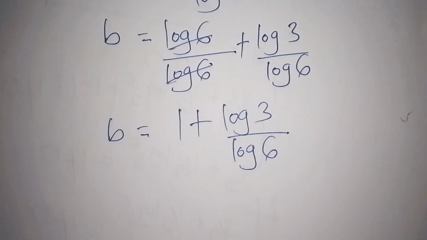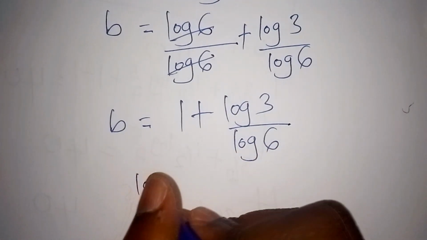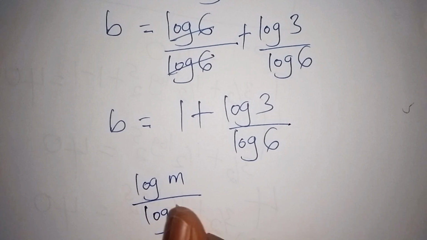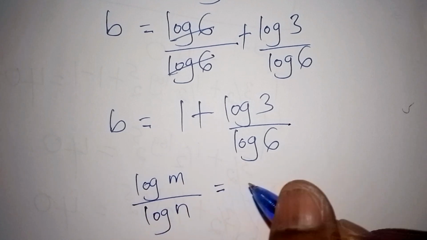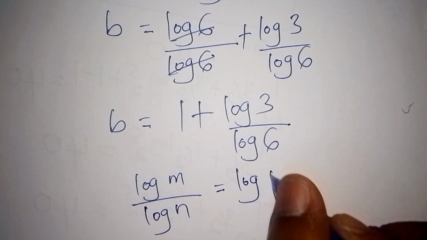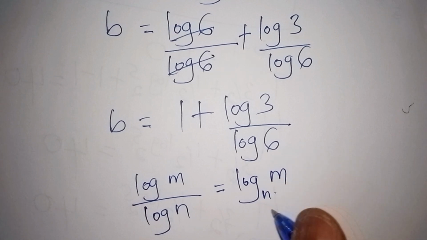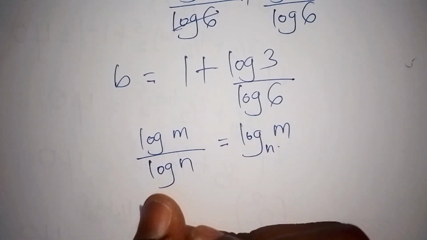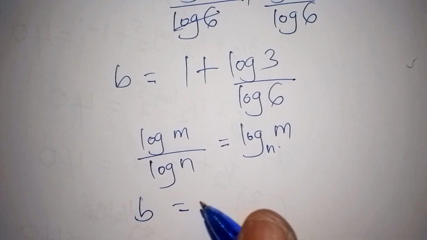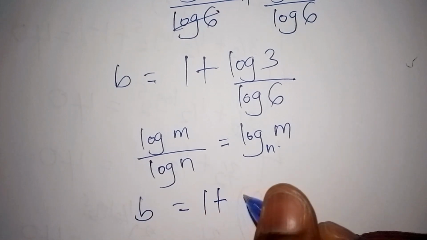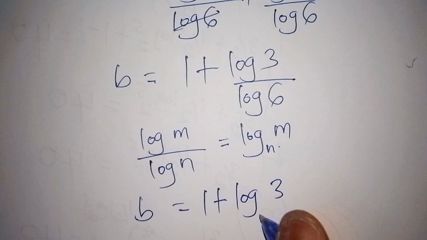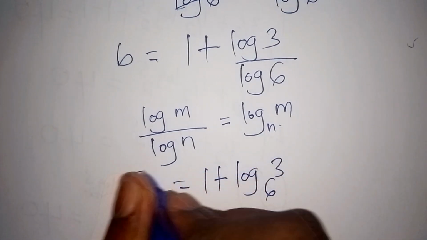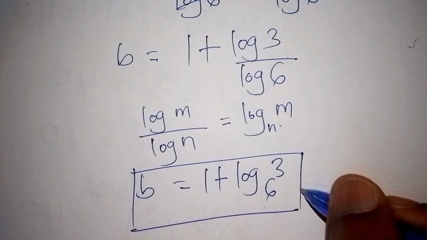So assuming we have the log of m all over the log of n, this one can also be written as the log of m to the base of n. So finally, our value for b is equal to 1 plus the log of 3 to the base of 6. So finally, this one now shall be our value for b.